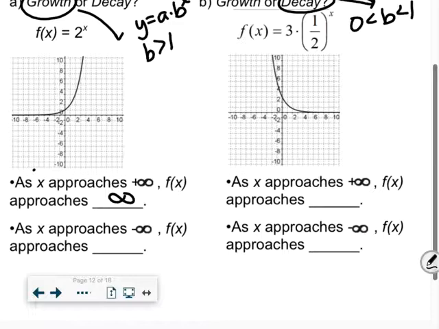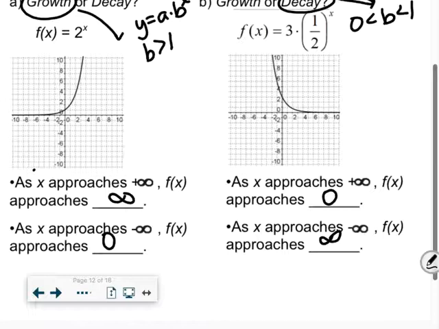No, negative infinity is down. It's leveling off. What's the y value? 0. Okay. In a decay, as I go to the right, where does the y value go? 0. Okay, it's not going to negative infinity. It never goes below the x-axis. And as x goes to negative infinity, as I move left, it shoots up.